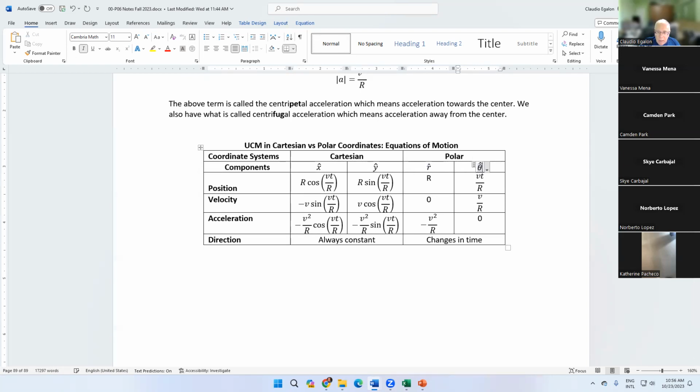But polar coordinates are meant to be more convenient only for the components, because the r hat and theta hat change in time. Their directions change in time. Like I said, you pay a price for having this simplicity, and the price is to have unit vectors that change in time because of their direction.